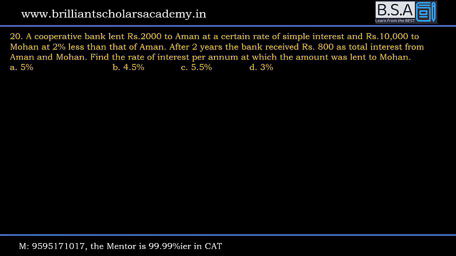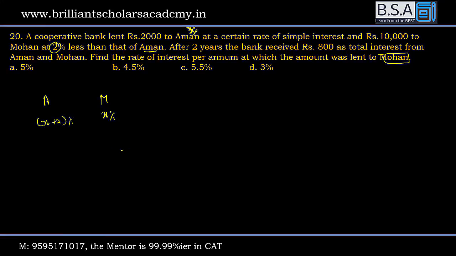So please pay attention. The question is about Mohan. Mohan is receiving 2% less than Aman. So don't assume Aman ka interest as X%. Don't do that. You're making a mistake. Mohan has to pay X percentage interest, and Aman is paying X plus 2%.